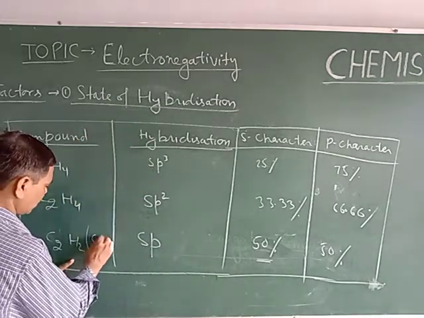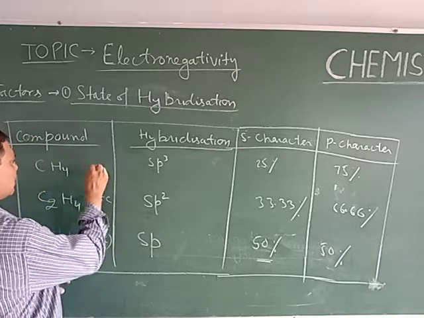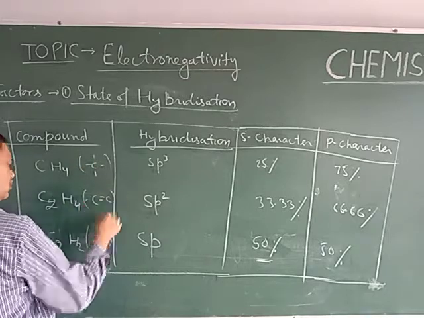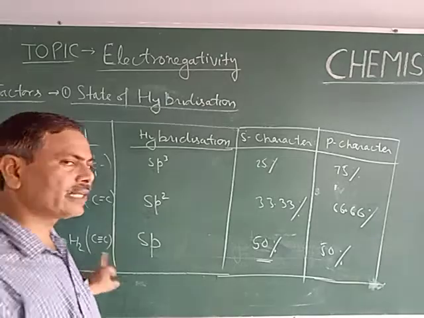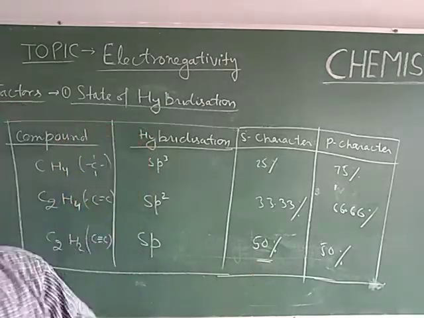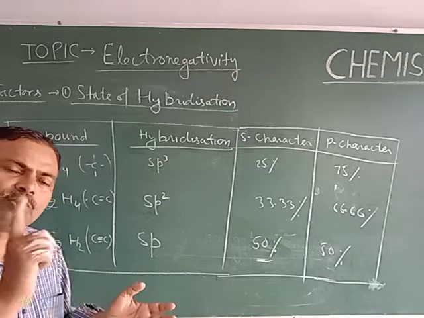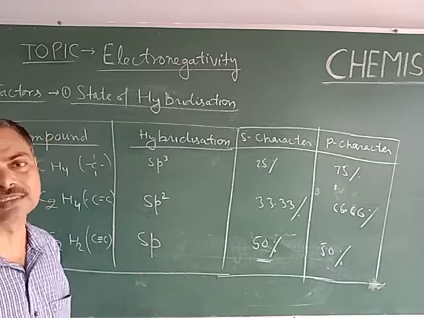Ethylene has a double bond, and in the case of alkane, there is a single bond. The compound in which triple bond is present, s character is highest. The more the s character, the more its electronegativity and the more its acidic nature.